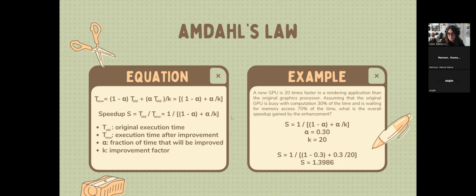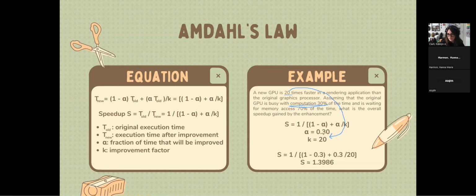It's much easier to work with if you have an example, so I have an example. Say your new GPU is 20 times faster than your original. So you can already know that that's new versus old. Assuming that you do computation 30% of the time, what is the overall speedup gained by the enhancement? Your k, your improvement factor, is going to be 20.